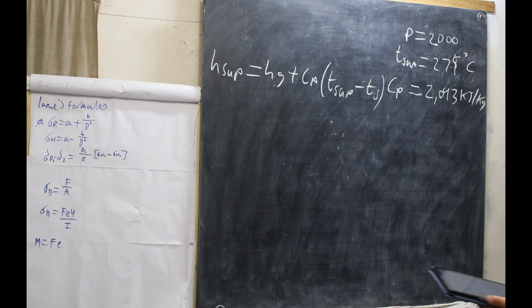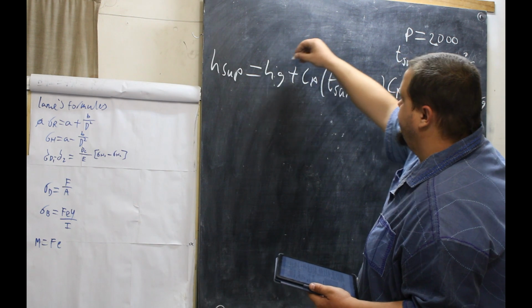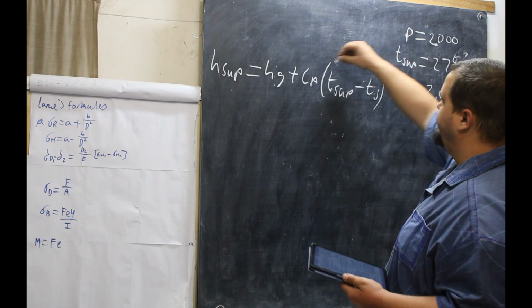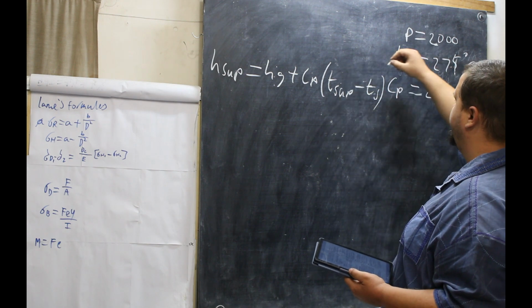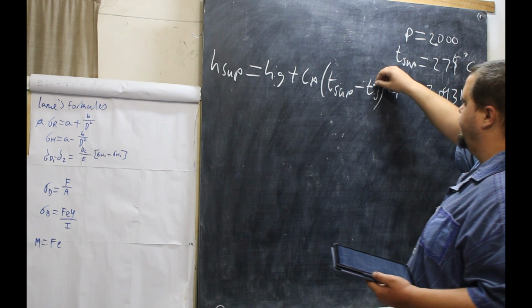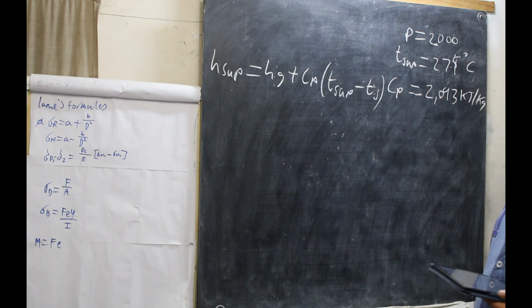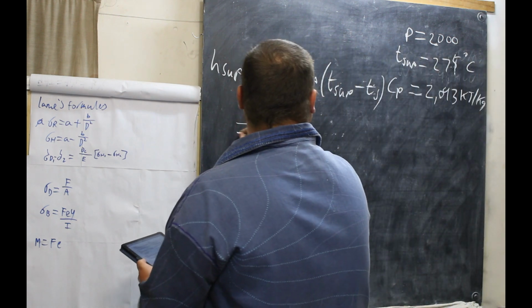Now let's see what we have. From the steam tables we can get Hg. From our question we've got Cp. From our question we've got superheated steam temperature. And from our steam tables we have the saturation temperature. So let's put it all together.